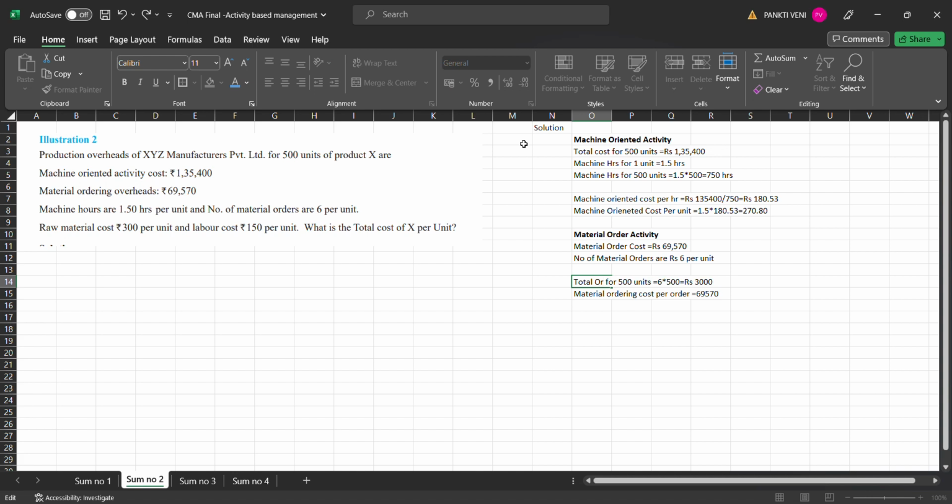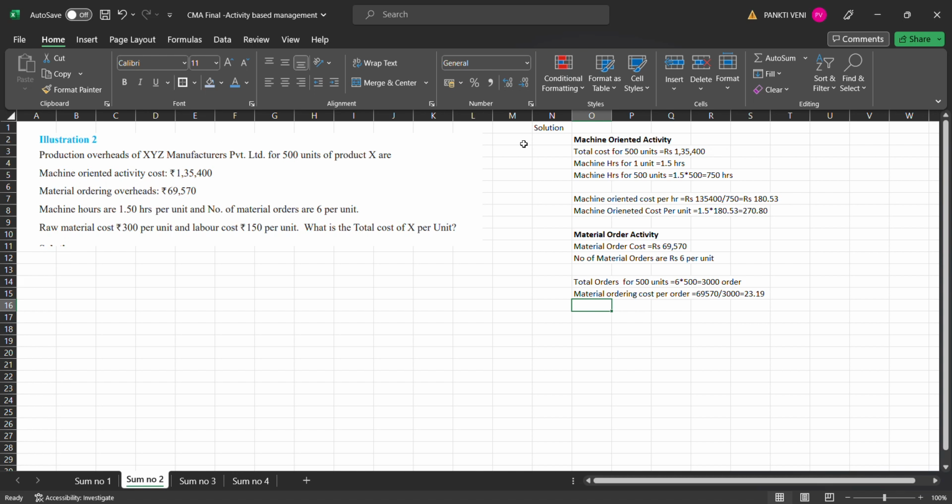Total orders, how many orders are required? So total orders required are 3000 orders. This is wrong. This is 3000 orders. Number of material orders are 6 per unit. 6 orders for 1 unit. So for 500 units, how many orders? 3000 orders. So I have 69,570 as total cost divided by 3000. I will get per unit ordering cost. So that is 23.19 rupee.